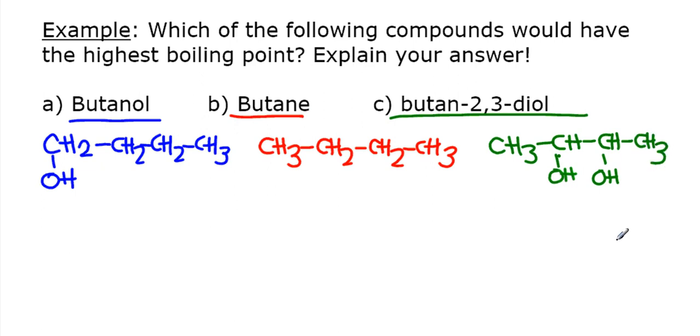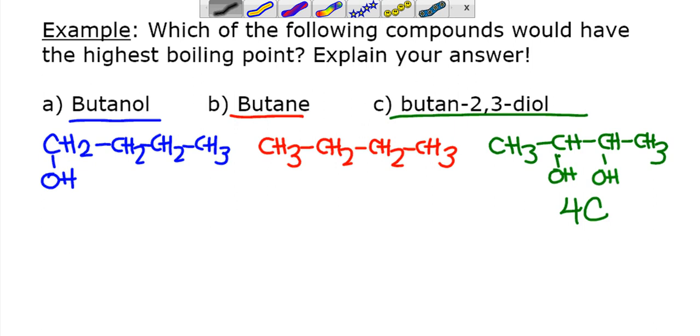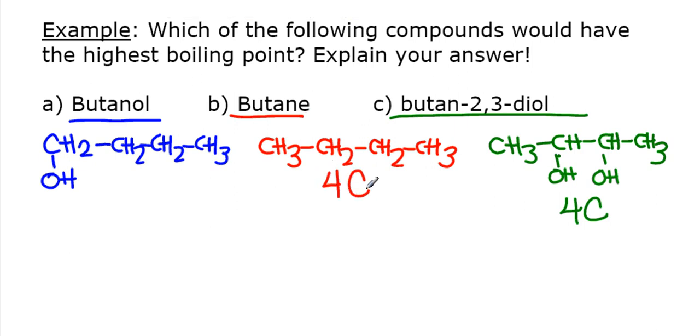All right. So once you've got that done, the first thing you're going to do is look at the length of the carbon chain. This carbon chain has 4 carbons. This one is also 4 carbons, and this one here is also 4 carbons. So we're dealing with the same length chain. Why does this matter?